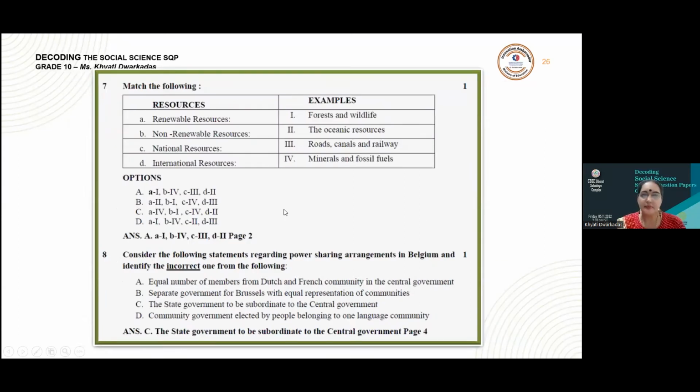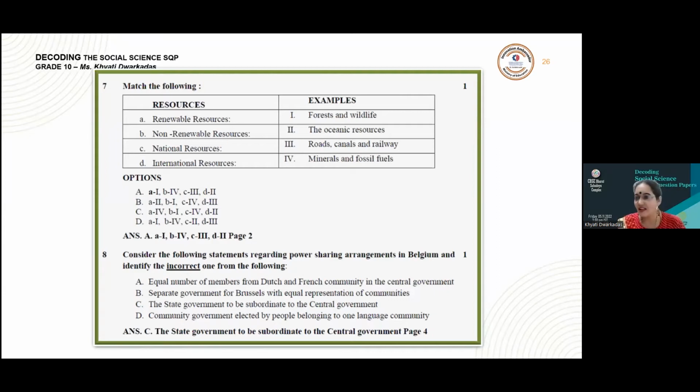Look at number 7. Once again, it's from geography. They've given you resources and examples, and matching of the resources to the examples is expected. It's good because at one go, they have tested the entire classification of resources. Yes, it's good.